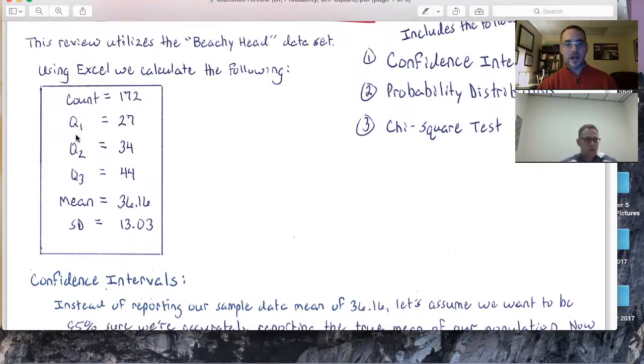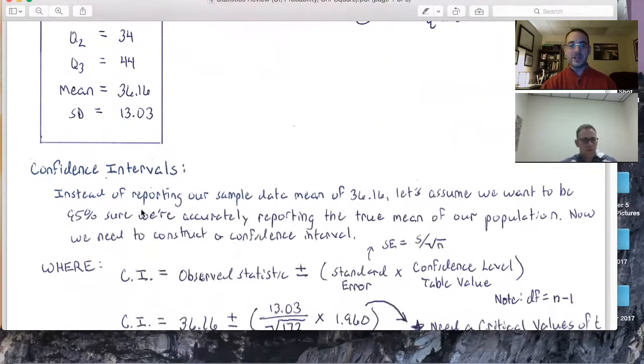For your quartiles, we've got a median of 34 and a mean of 36.16 with a standard deviation of 13.03. We're going to need the mean and the standard deviation in order to calculate our confidence interval. So let's look at an example. Let's assume we wanted to create a 95% confidence interval around this average age of 36.16.